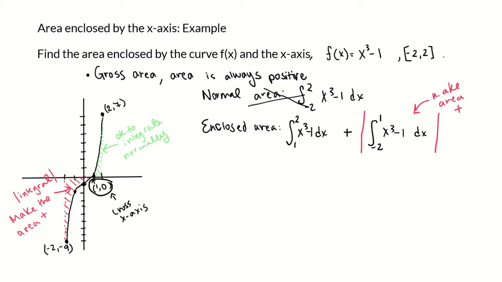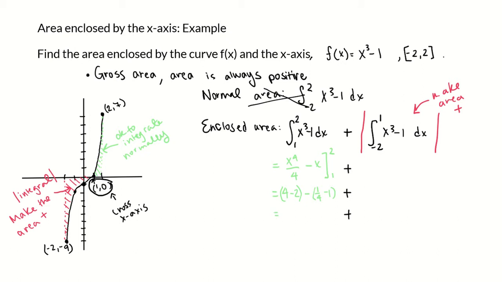Okay, I'm going to evaluate these two separately, although we keep adding our areas together. But I'll just continue with one problem at a time. So the integral of x to the third minus 1 from 1 to 2 would be x to the fourth over 4 minus x evaluated from 1 to 2, which is going to be x to the fourth is 16 when we plug in 2. 16 over 4 is 4, minus 2, minus 1 to the fourth is 1, over 4 is 1/4, minus 1.